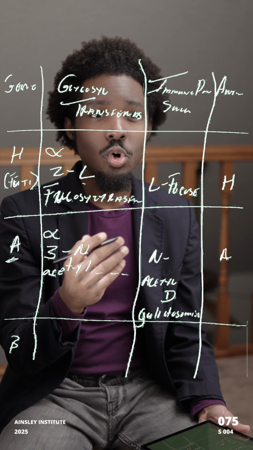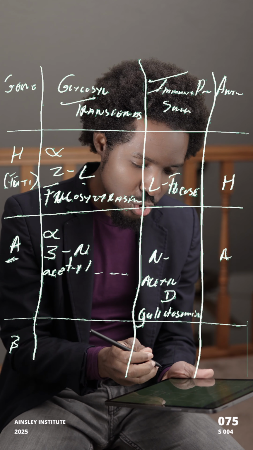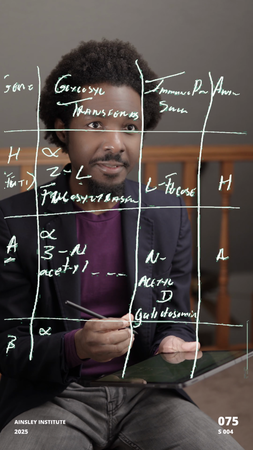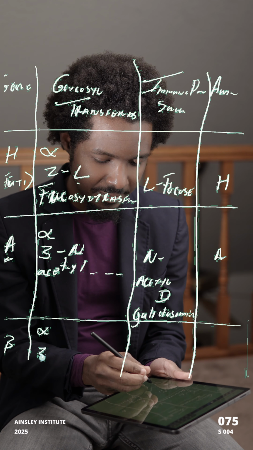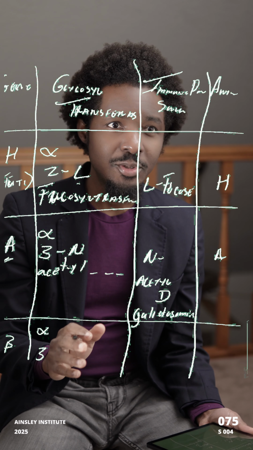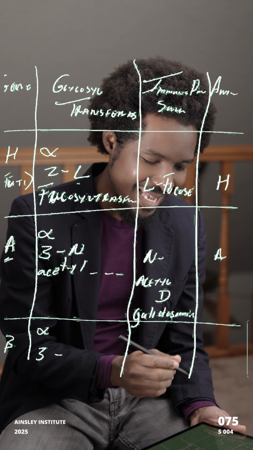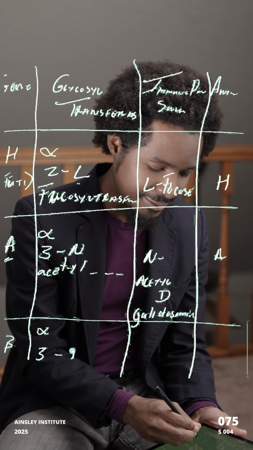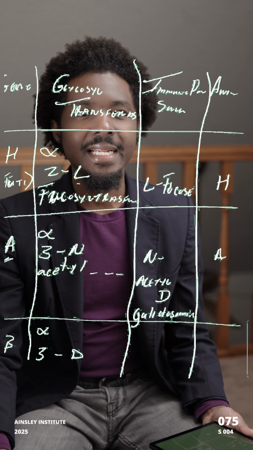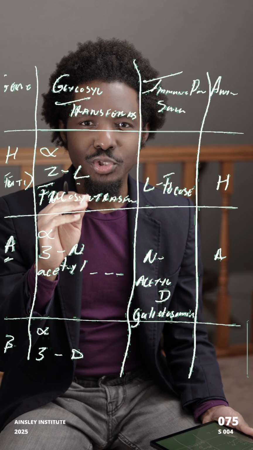All right, so now we move into B. So B is going to be alpha, and just like the A, it's going to be 3. However, when it comes to the letter, it's not going to be L or N, it's going to be D. And for B, it's going to be galactosyl transferase.